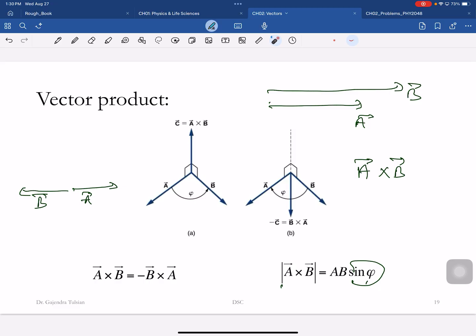If this was A and that's B, C is in that direction. If you turn a screw from here to there, the screw would move in that direction, and that's the direction of the cross product.